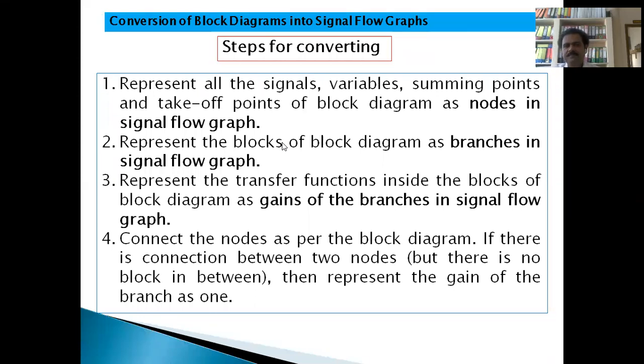Okay, that is the first step. Second step: represent the blocks of the block diagram as branches of the signal flow graph. A block can be represented as a branch in the signal flow graph. Next, the transfer function inside the block of a block diagram is represented as the gain of the branch in the signal flow graph. So the block is represented by a single branch, and the transfer function inside the block is represented as the gain, otherwise called the branch gain.